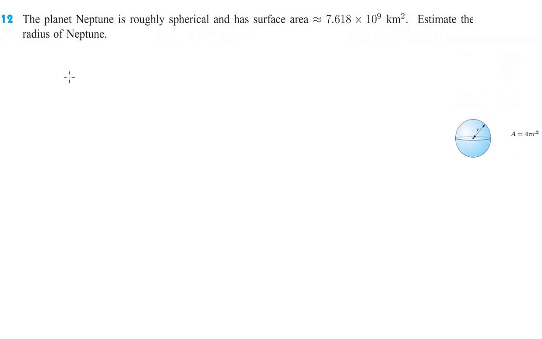So now it tells us that the surface area is 7.618 times 10 to the 9th, and that's going to equal 4 times pi times our radius squared, right? So what we really want to do is we want to divide first both sides by 4 pi, right? So we get rid of those and we end up with r squared equals.